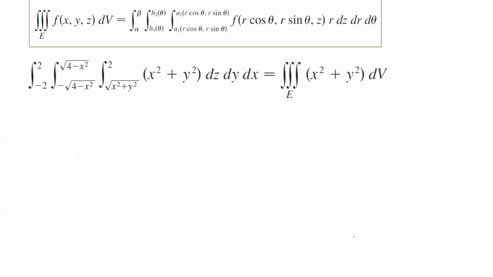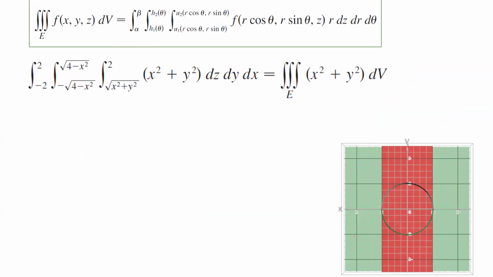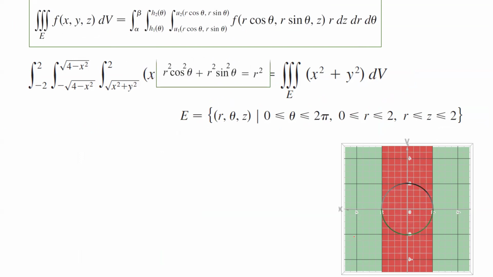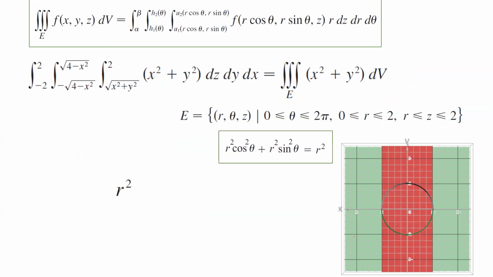Now let us do the calculation. For the triple integral over this region, we saw that E can be converted into polar form using the cylindrical coordinate system. So x squared plus y squared is nothing but r squared, because r squared cosine squared plus r squared sine squared is equal to r squared. We just do the substitution here.